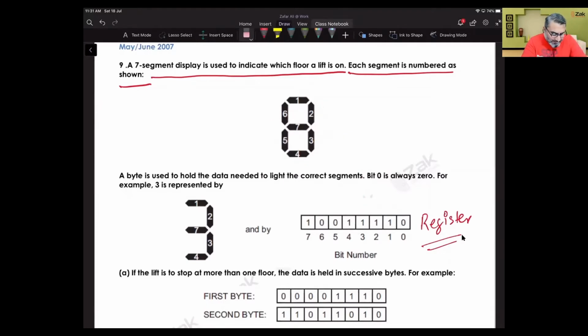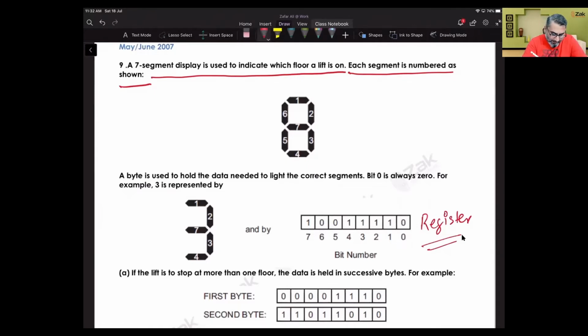Now a byte is used to hold the data needed to light the current segment. Bit 0 is always 0, no matter what, so just think that it is not there and don't mind it.